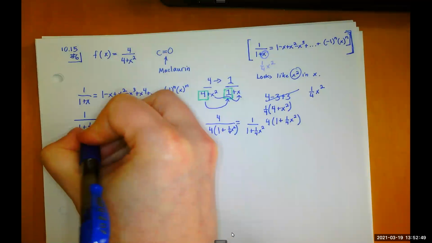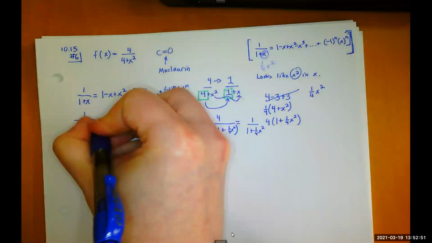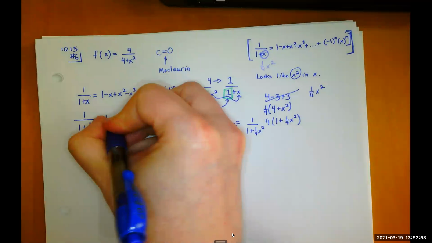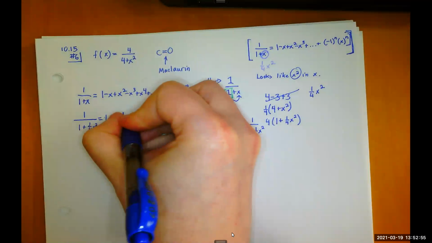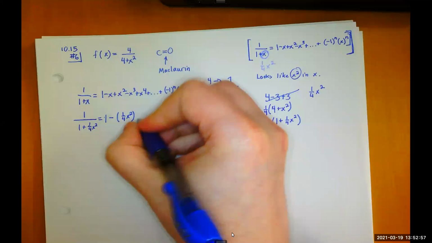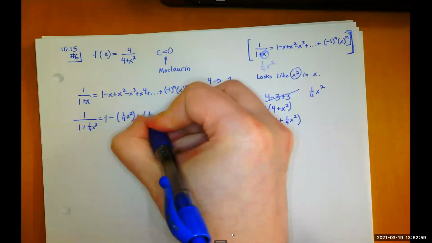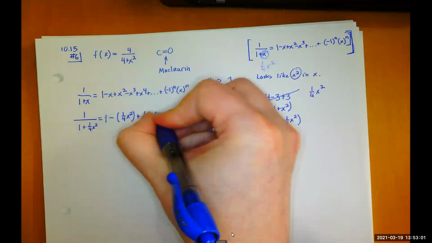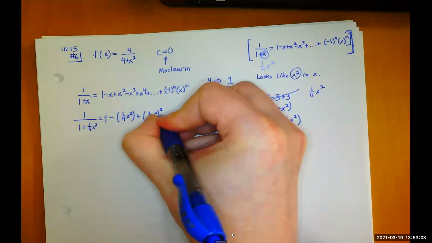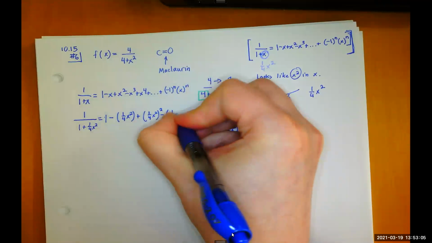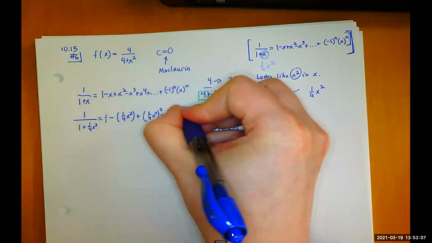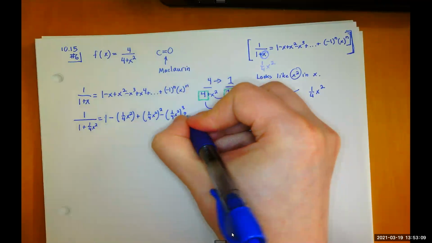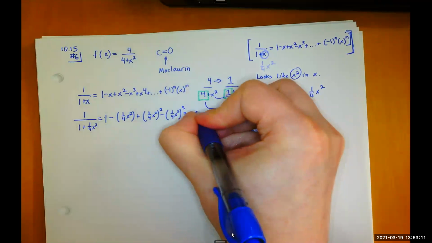I want 1/4 x squared in the x spot. So I have 1 minus, I replace x with 1/4 x squared, plus 1/4 x squared squared, minus 1/4 x squared cubed, and on and on.